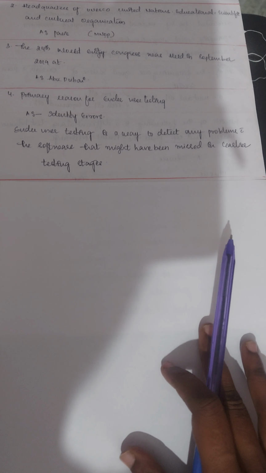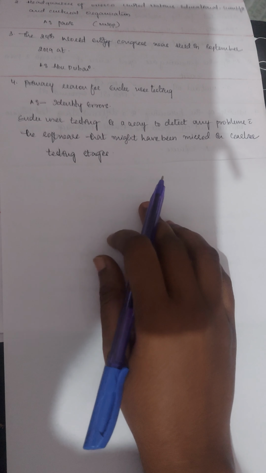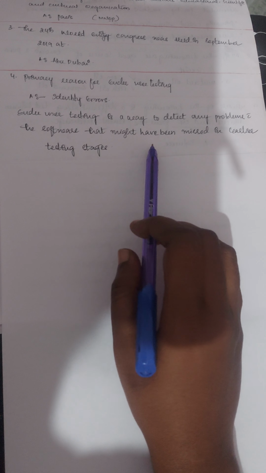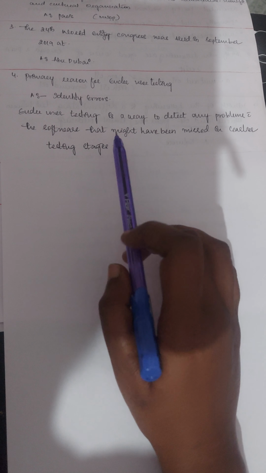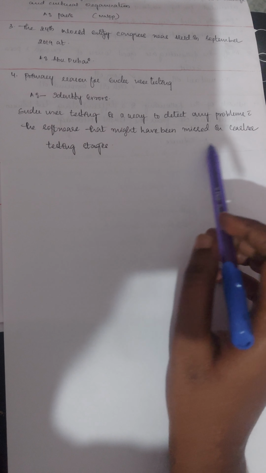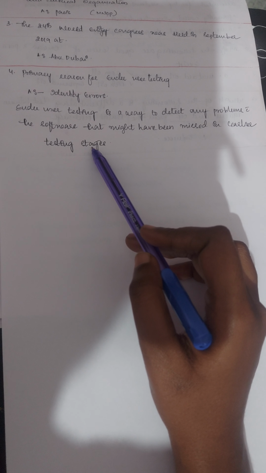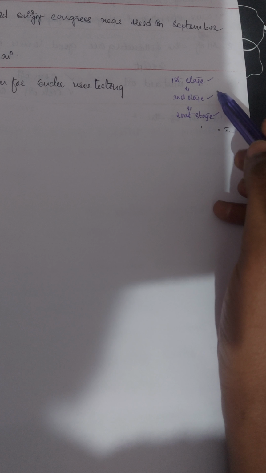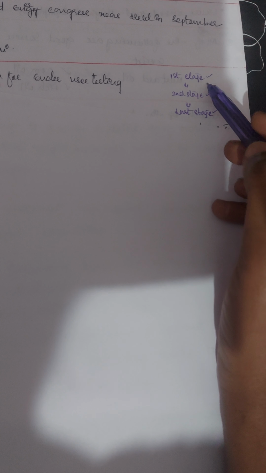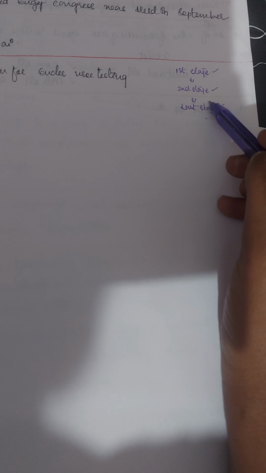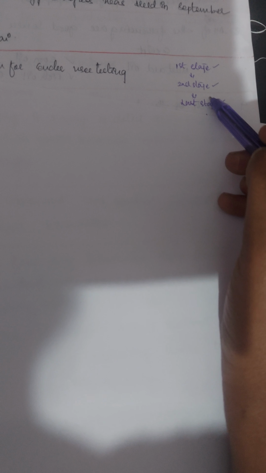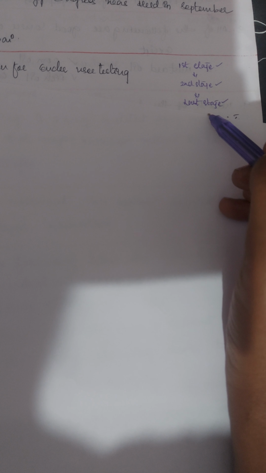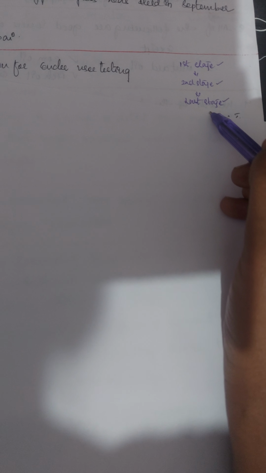Once you see here, end user testing is one of the testing we can do to check the errors after earlier testing stages. For example, in the first stage they check errors, and in the second stage they recheck for any left errors, which they left in the first stage.